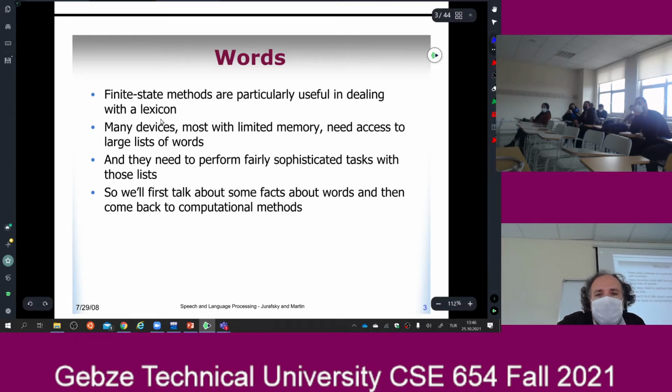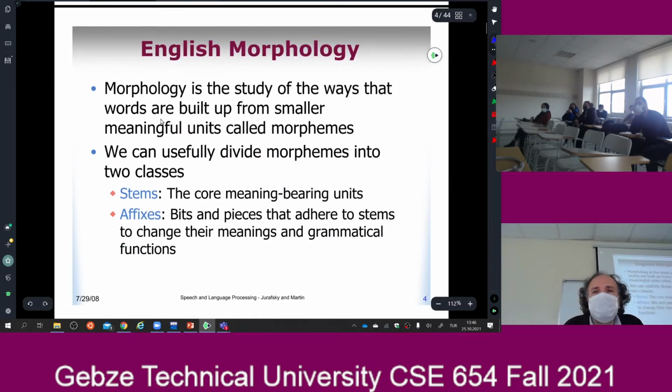So let's look at English morphology. As basic rules, it is similar to Turkish morphology. But when you come to the details or the rule sets, the two languages are very different. So what is morphology?